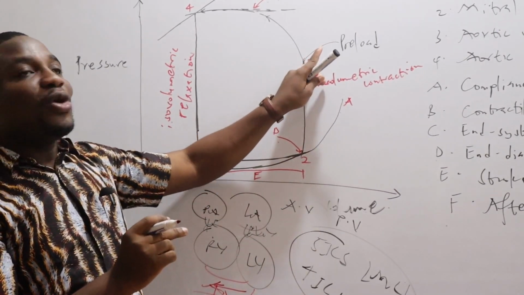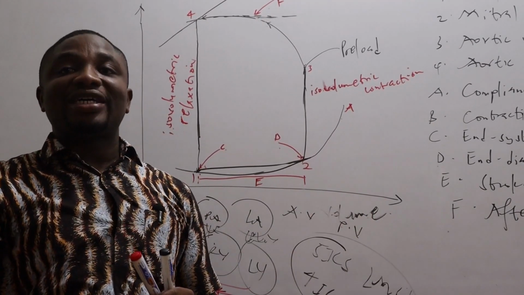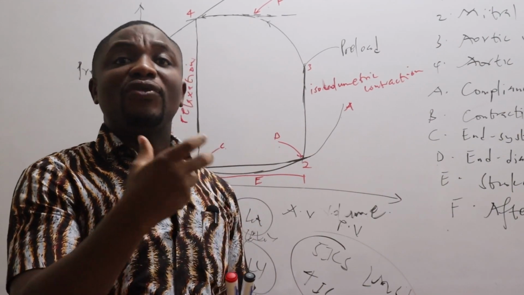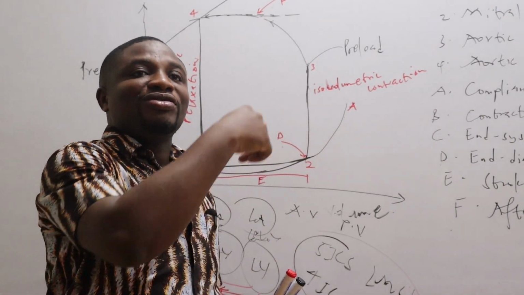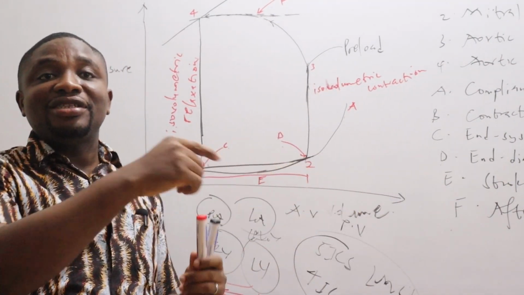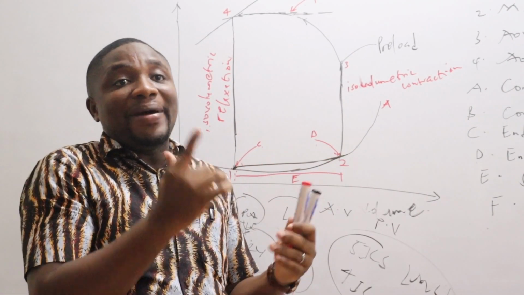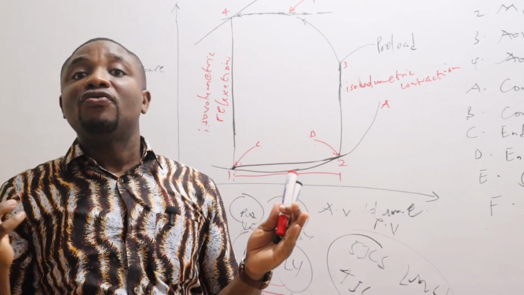Now when the aortic valve opens, what does the left ventricle need to do? It needs to what? Contract. And as it contracts, what does it do? It ejects a volume of blood from each chamber into the systemic circulation via the aorta. And that volume of blood that is ejected per heartbeat, we will call it what? The stroke volume.